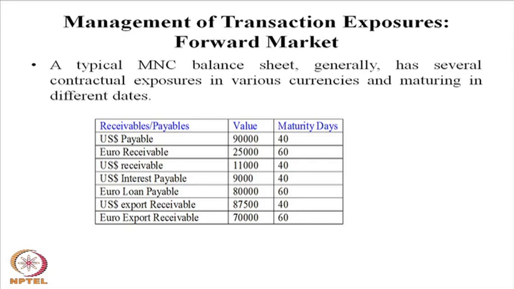Similarly, US dollar export receivable: the MNC might have exported to the US and is getting something around 87,500 US dollars after 40 days. Then, euro export receivable: here the MNC is receiving euros because it might have exported to the euro area, and it is receiving 70,000 euros after 60 days.